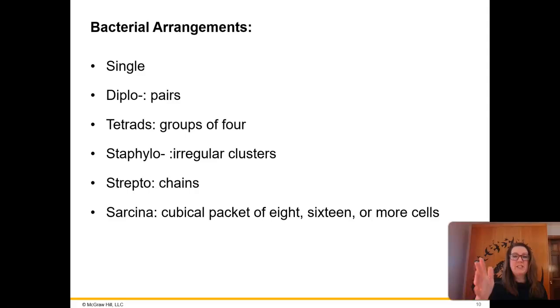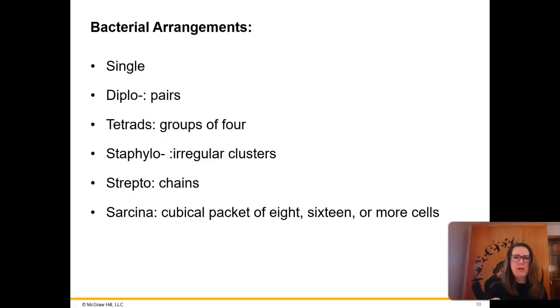Okay, bacterial arrangements. They can be all by themselves, so just a single cell. When you see the prefix di, that means two; diplo means pairs. So we can have diplobacillus, just two bacillus cells connected. We can have diplococcus, two coccus cells together. So break down the word. Tetrad means four.